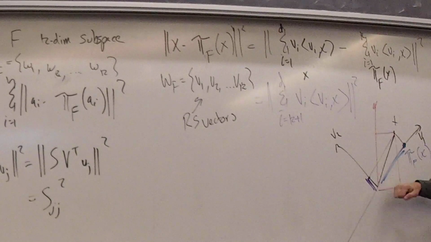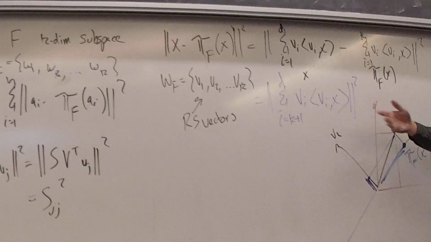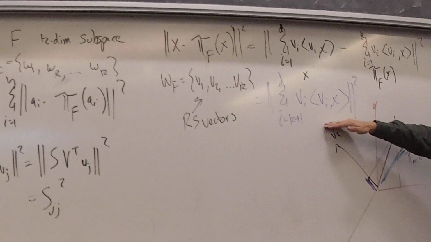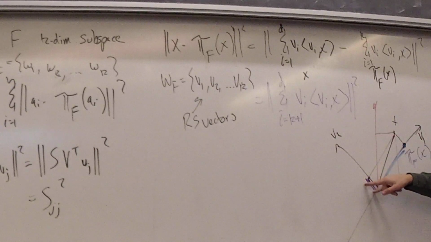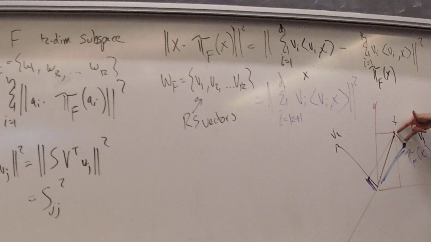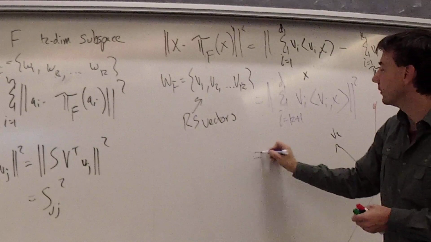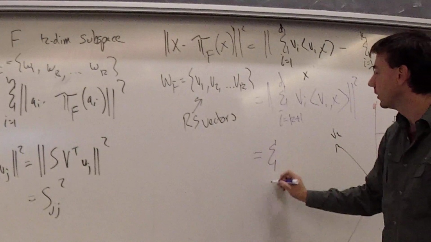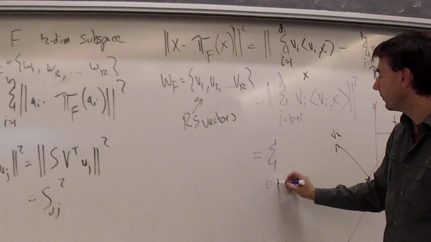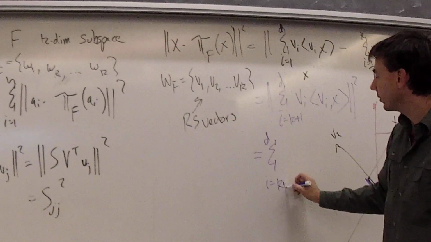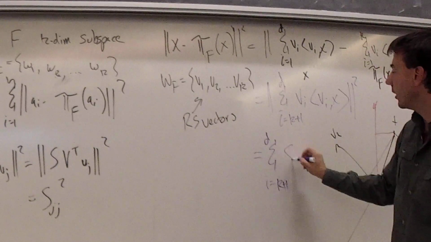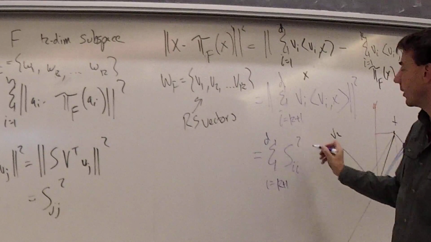So v2 is going to be the one that maximizes the subspace that's orthogonal to v1, and I collect that. And I do this k times, and then this is everything that's left over. This is the residual, the same as this distance right here. So the nice thing about it is this quantity is actually going to be equal to the sum of i equals k plus 1 up to d of Sii squared.